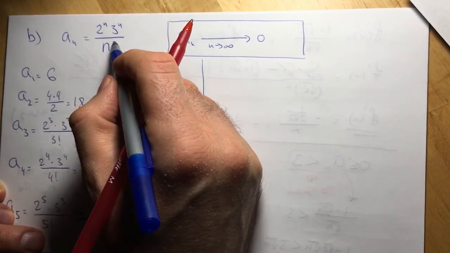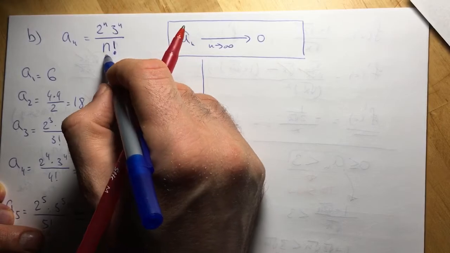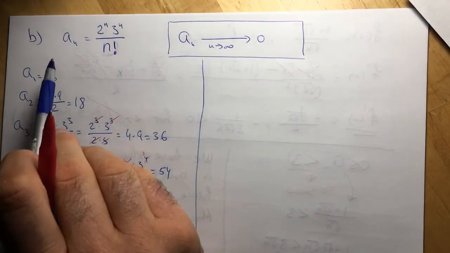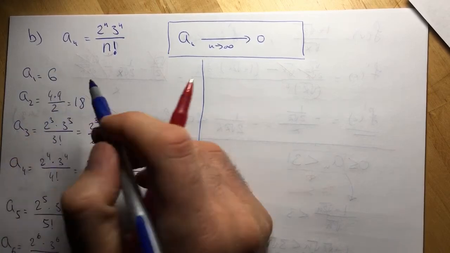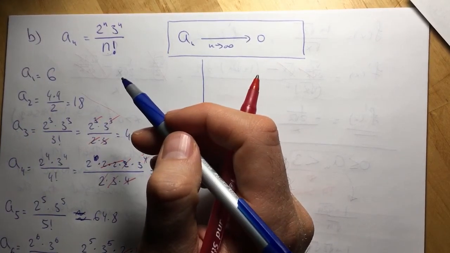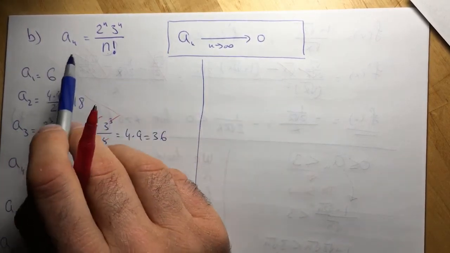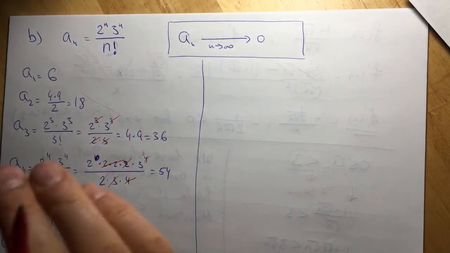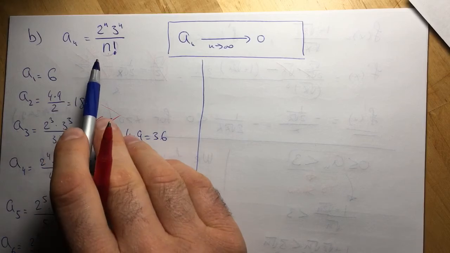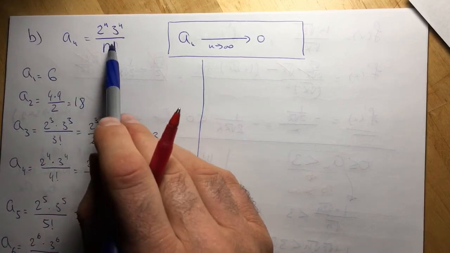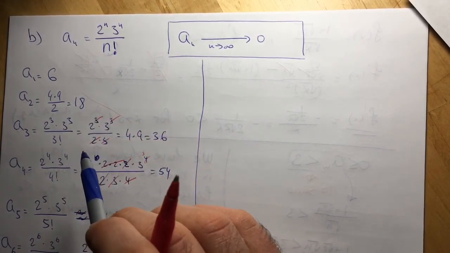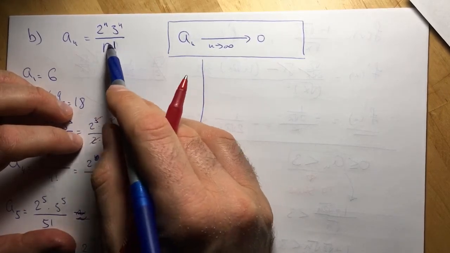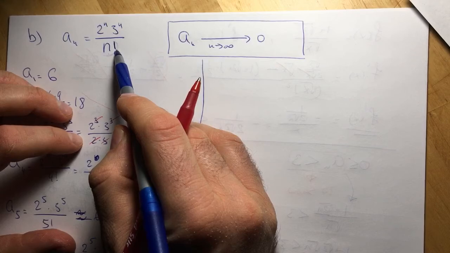So eventually this denominator is going to pull. And when we talk about sequences, we never talk about what happens with the first 7 terms or 8 terms or 7 million terms. When we talk about sequences, we want to know what happens, as we say, at the tail of the sequence, as n goes to infinity. So as n goes to infinity, the denominator is going to take over, it's going to be much, much, much bigger, right?